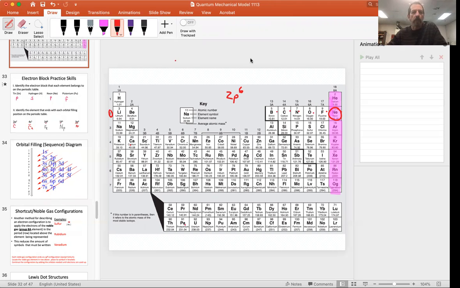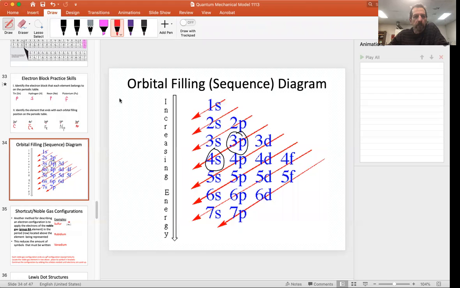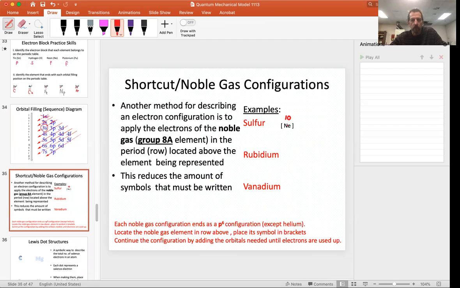If we go to the filling sequence, 1s is filled, 2s is filled, 2p is filled. What we would fill next is the next thing in sequence, 3s, until we use up all the electrons. Neon used up 10 of them, and we're going to begin to fill 3s after that.